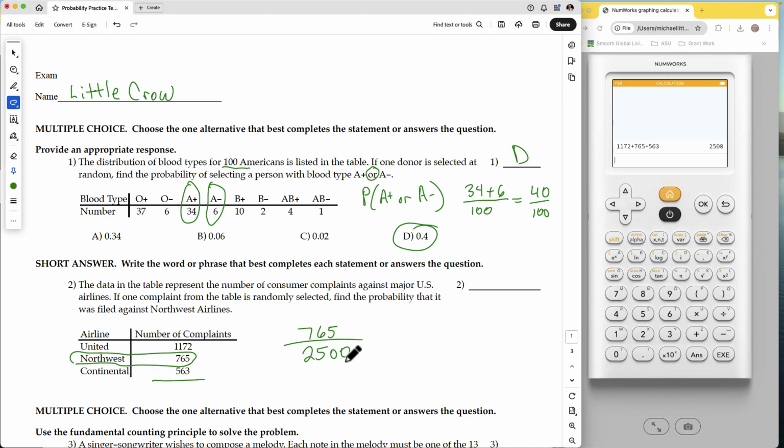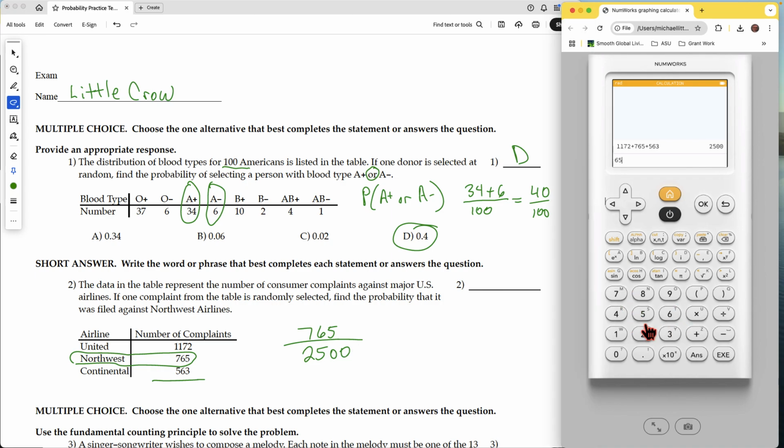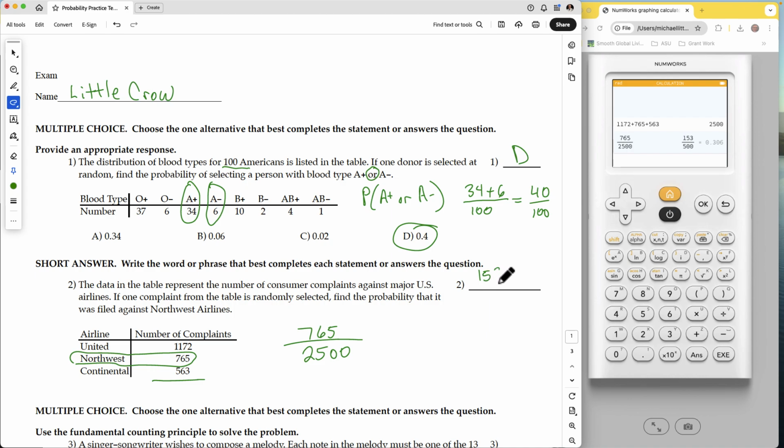And so you could just leave it as 765 out of 2,500. We could also do it as a reduced fraction, 153 out of 500.